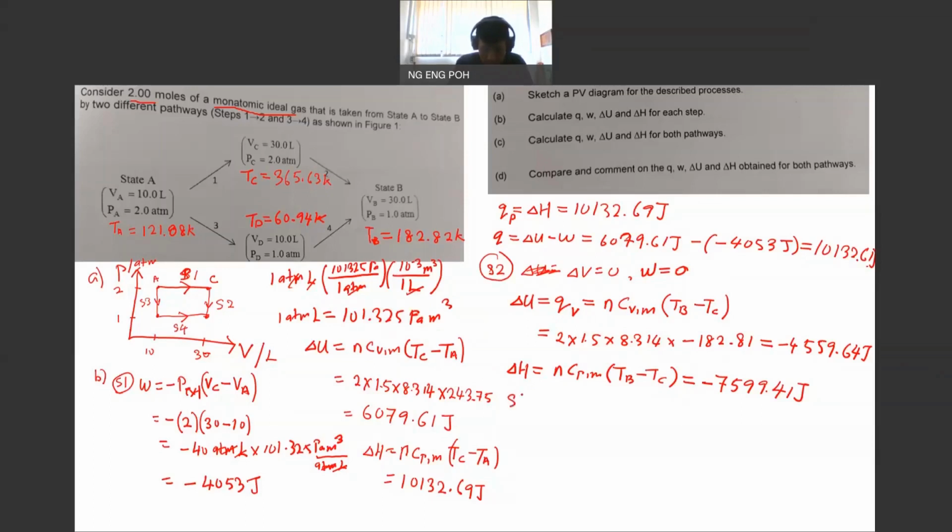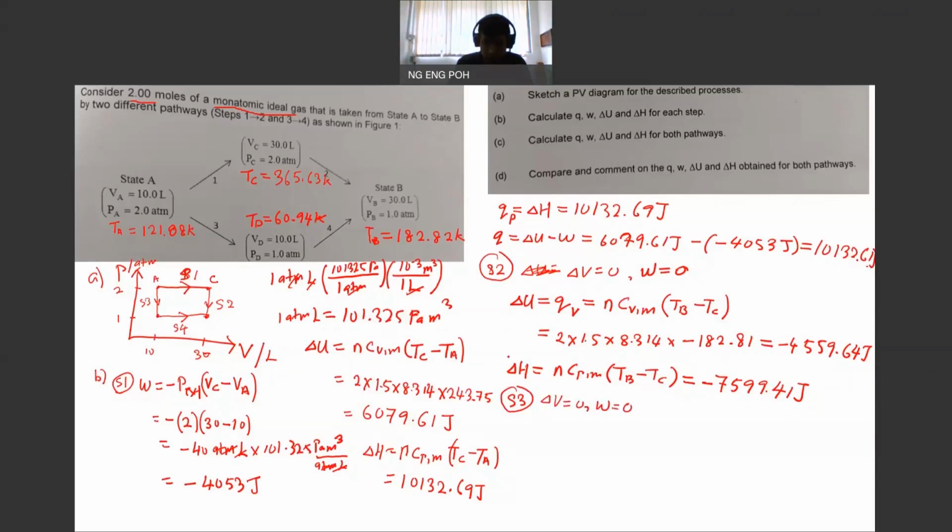And for step 3, this is also an isochoric process, where the volume still remains 10 liters. So delta V equals 0 and W equals 0.